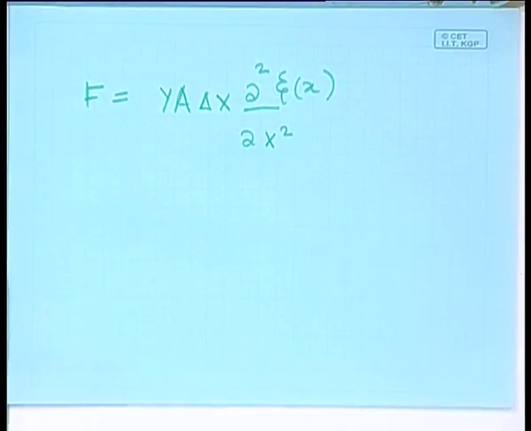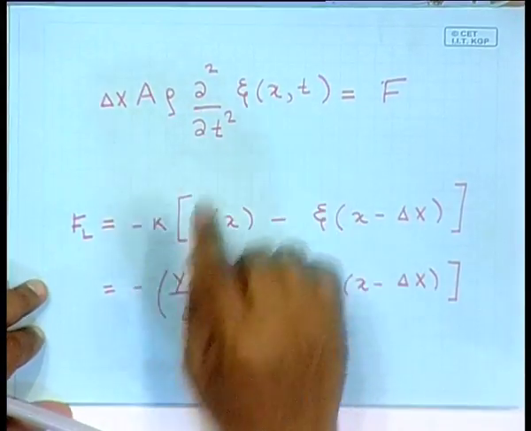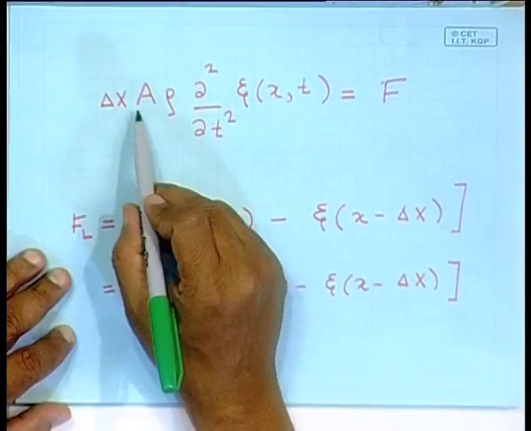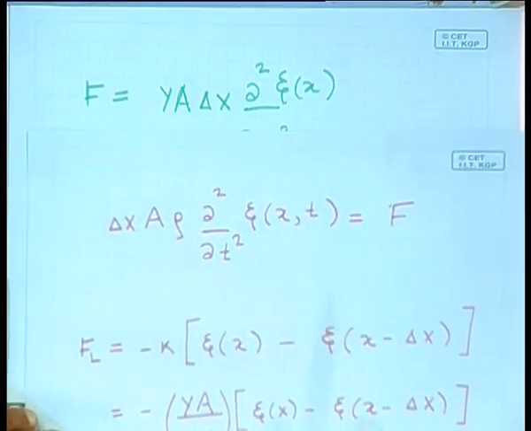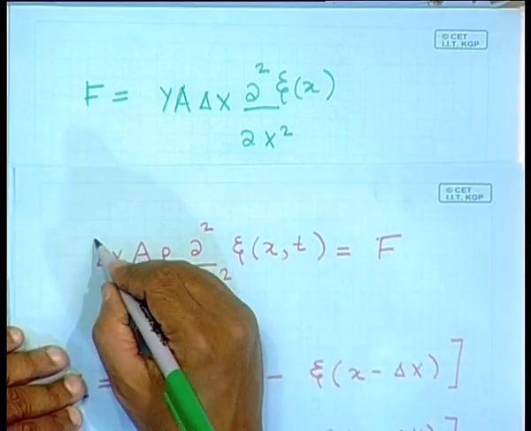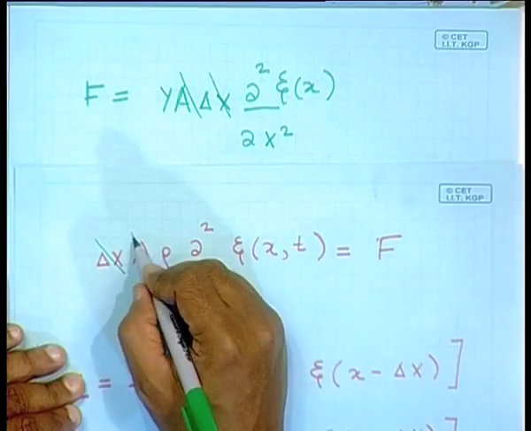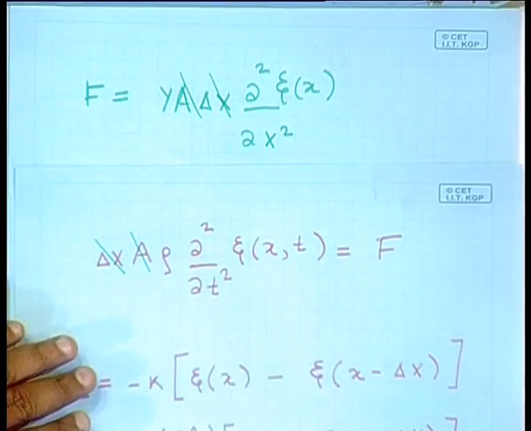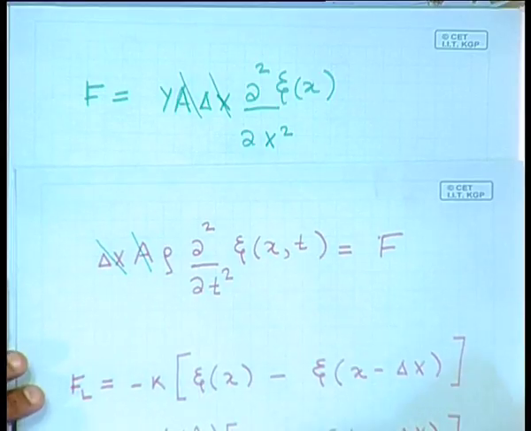Now, we had right in the beginning calculated the mass into the acceleration, and that had come out to be this. So, now we can equate it to the total force which we have just calculated, and we see that the factor of delta x cancels out, A cancels out, and we have an equation. Let me write down the equation for you here.